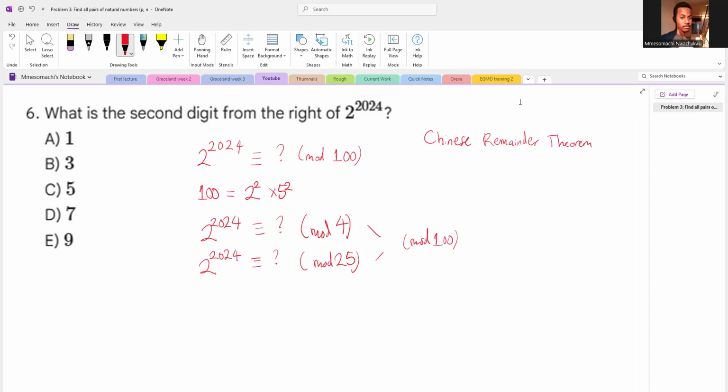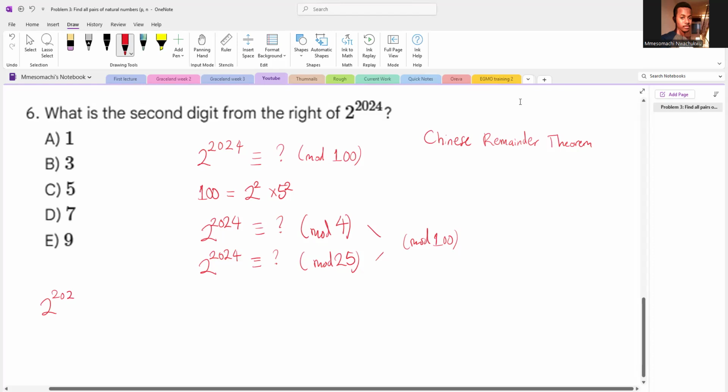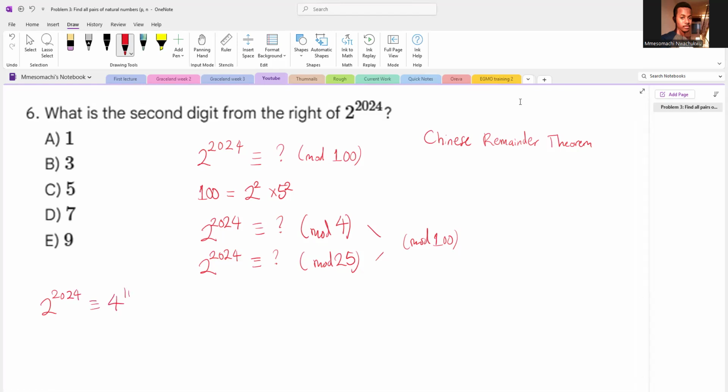For the first one, it's pretty obvious. 2 to the power of 2024 is congruent to 4 to the power of 1012, which is congruent to 0 mod 4. That's pretty straightforward.